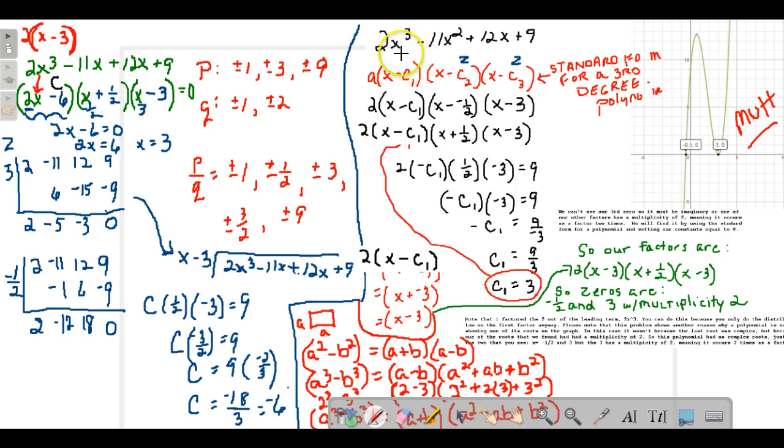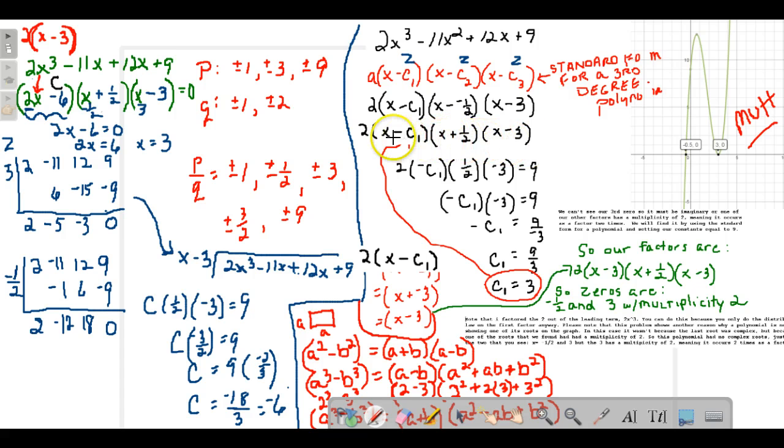Since this form is showing it as x minus c2, since we use the minus sign, whatever we find for c2 is actually the 0. So the 0 here was -1/2, so it was x minus a -1/2. And then when we distribute those negative signs, of course, our actual factor becomes x plus 1/2.